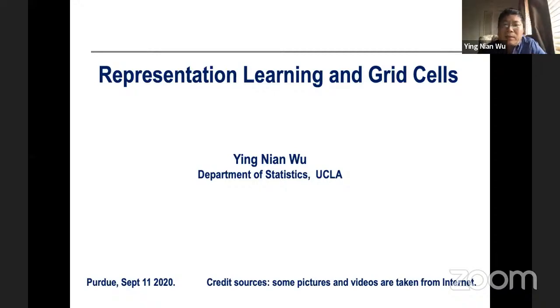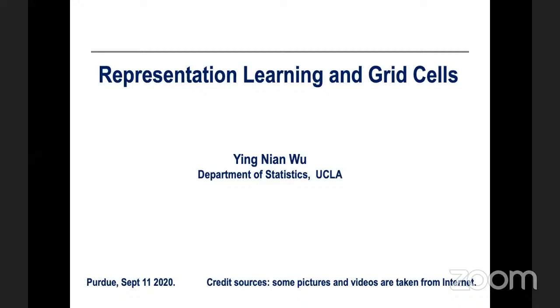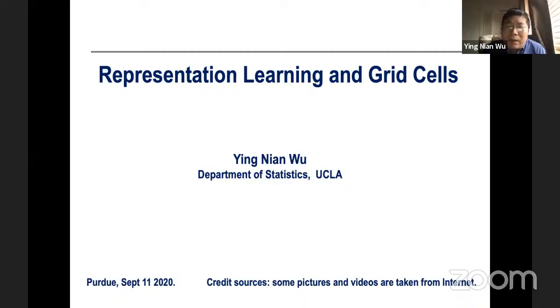So we try to understand grid cells from the perspective of representation learning, which is a very important perspective for deep learning. Before I start, I want to acknowledge that some of the pictures and videos were taken from the internet. So the credit and copyrights and also my gratitude go to those original authors.